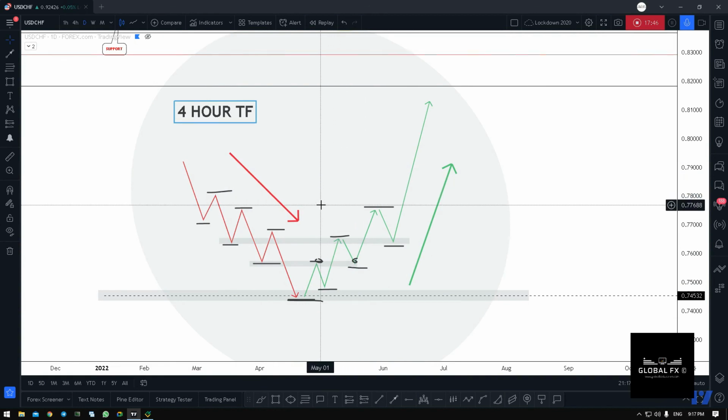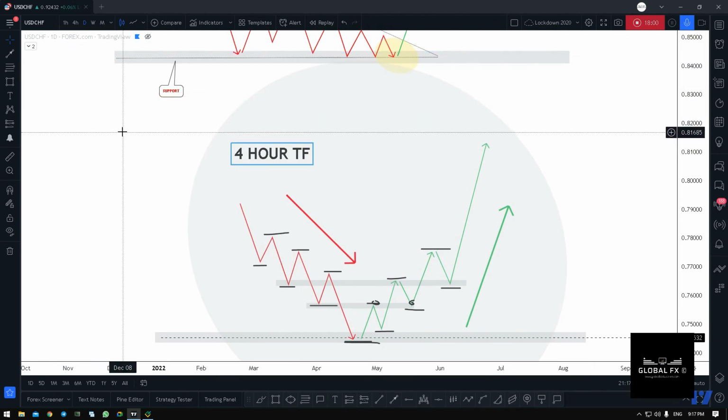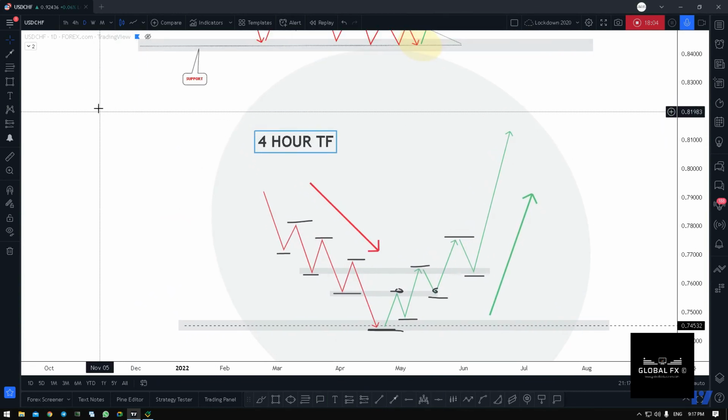Now, this is a bullish scenario, and I'm sure if you guys have watched the video this far, you will understand how a bearish scenario works. So I hope that this video was educational, and I hope it let you understand the market a little bit better.